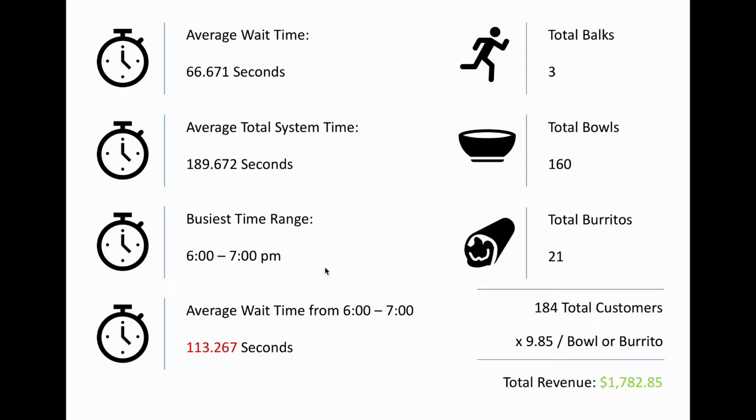The busiest time range was from 6 to 7, and 113 seconds was how long it took to get to start ordering. And this is the number of bowls and burritos that were sold, and we multiplied that by the price per bowl or burrito, and we got total revenue here.